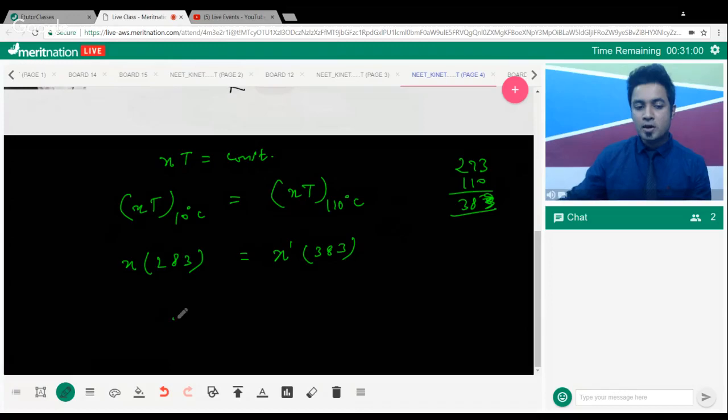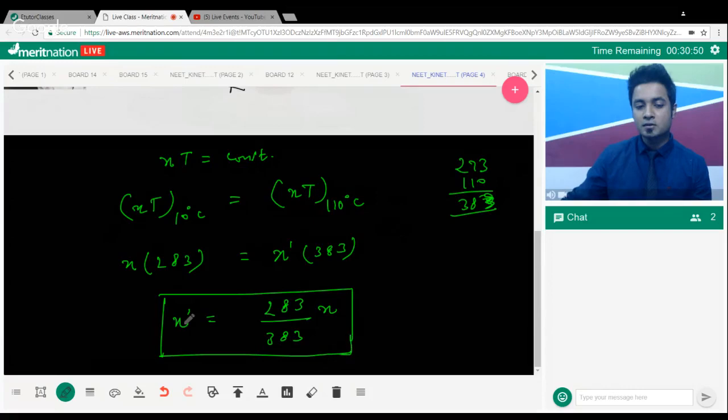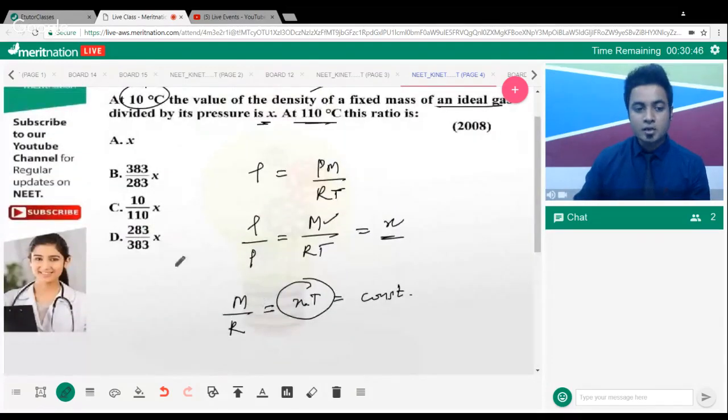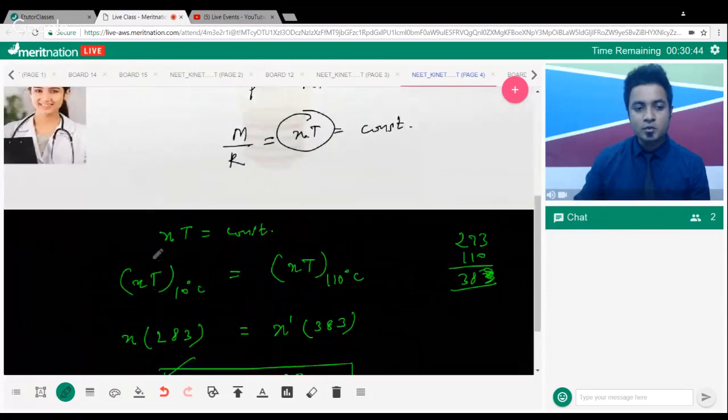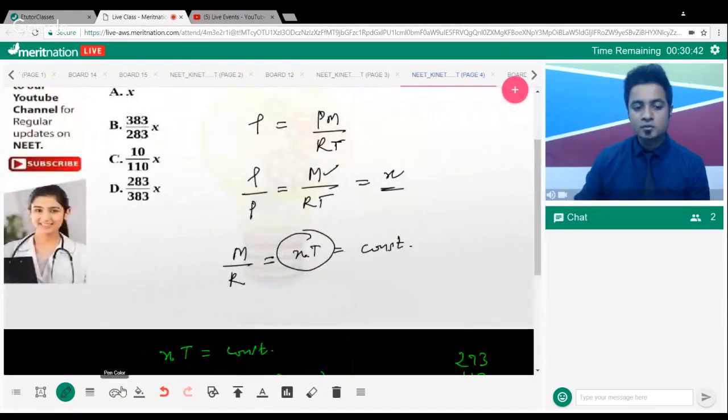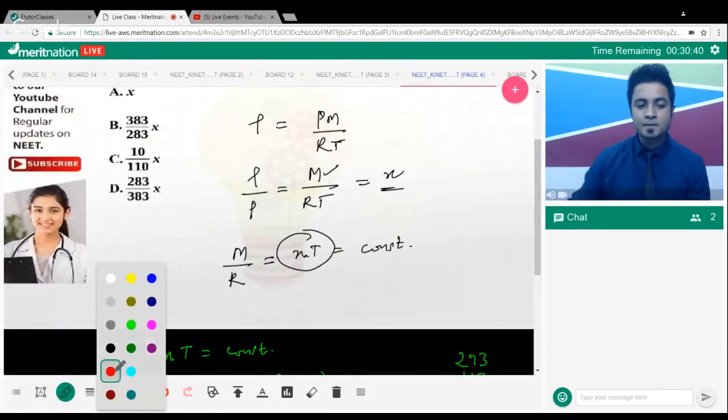So X dash is coming out to be 283 upon 383 X. This is the new ratio derived from the equation. So the last option, the D option, has to be the correct one. We need to mark it.